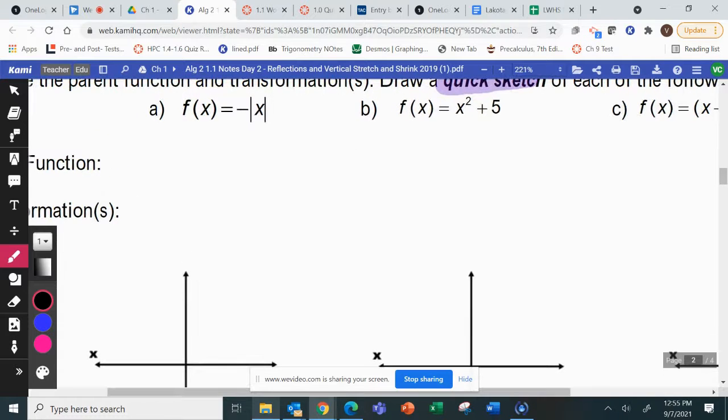Question A. Jacqueline, what's the parent function for question A? Absolute value of x, yes. Absolute value of x. Question B, our parent function, f of x equals... Ethan.